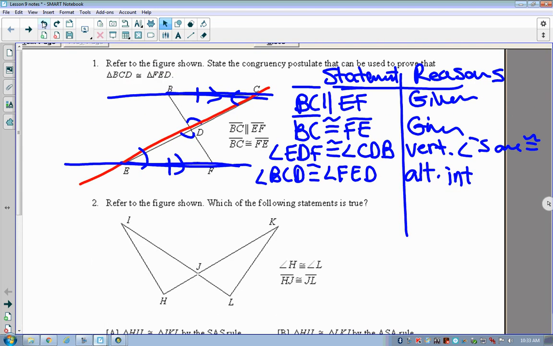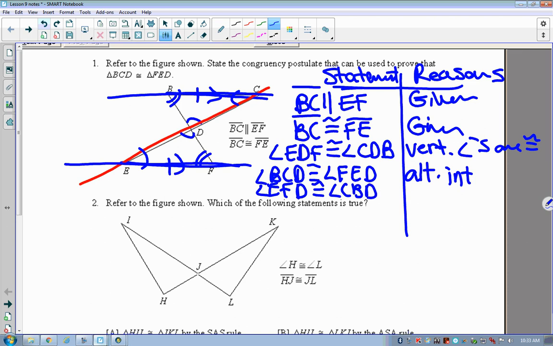What I learn is that this angle has to be congruent to this angle. So what we would say here is angle EFD is congruent to angle CBD.